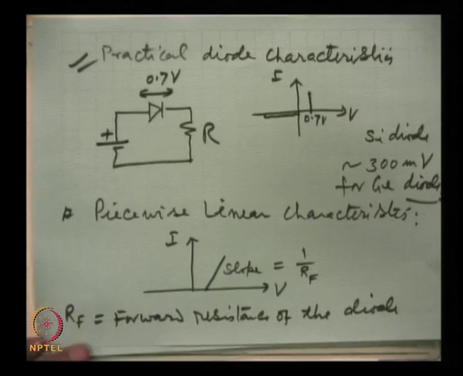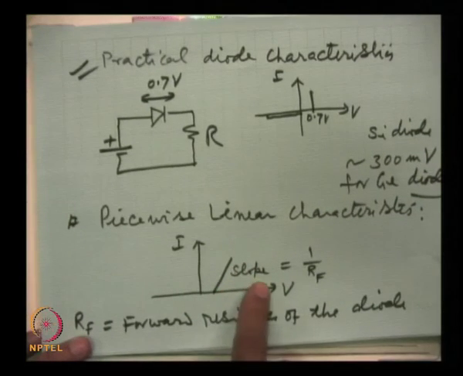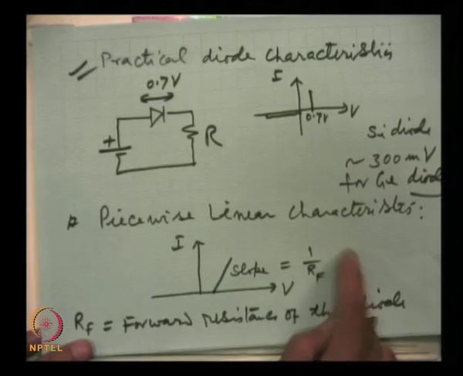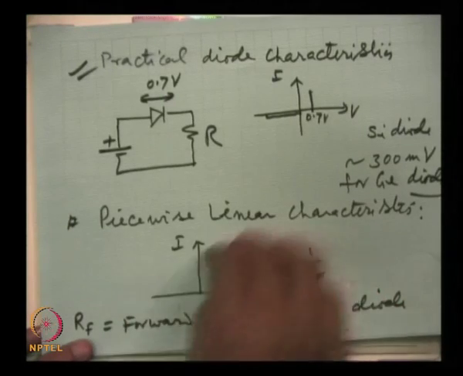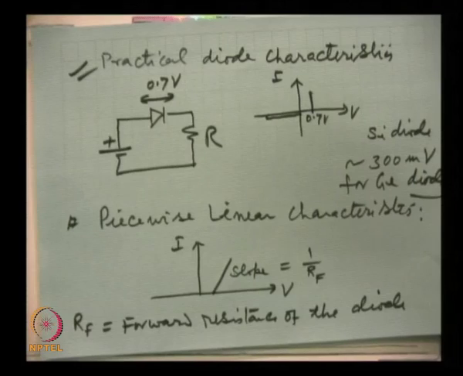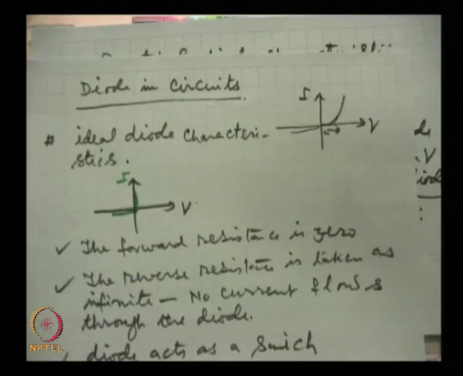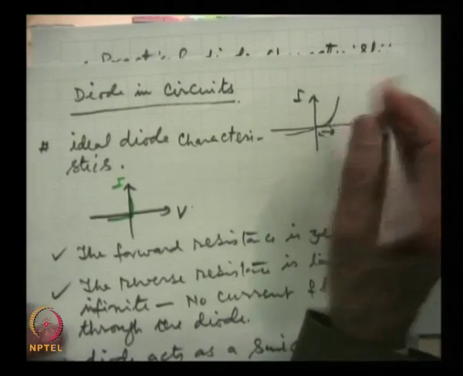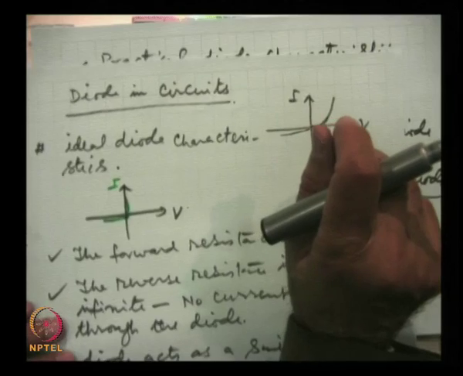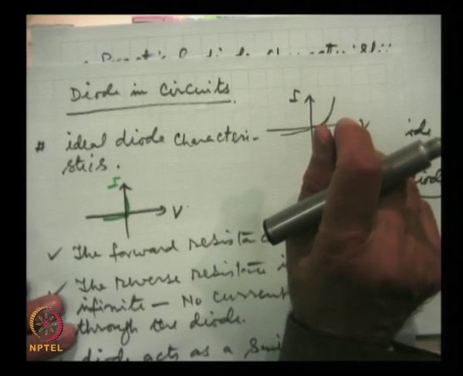So, the forward resistance we can find out from the slope. If we have the characteristics, we can draw a tangent at the operating point, and from that slope we can find the forward resistance. If we draw this tangent at different points of these characteristics, the slope will vary and hence the forward resistance will vary.